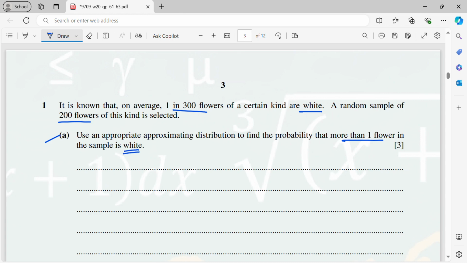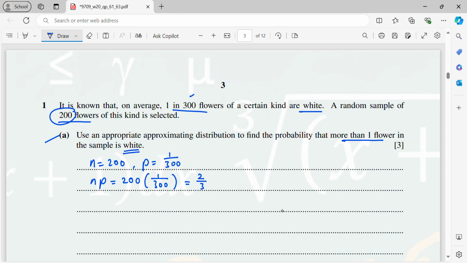Okay, so initially this is binomial distributed because your n is 200. Then the p is 1 over 300 because 1 in 300 flowers are white. So n times p, that is 200 times 1 over 300, you will be getting 2 over 3.